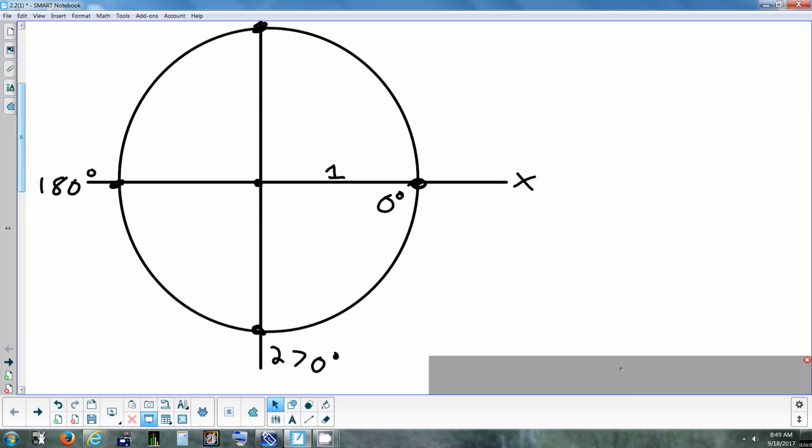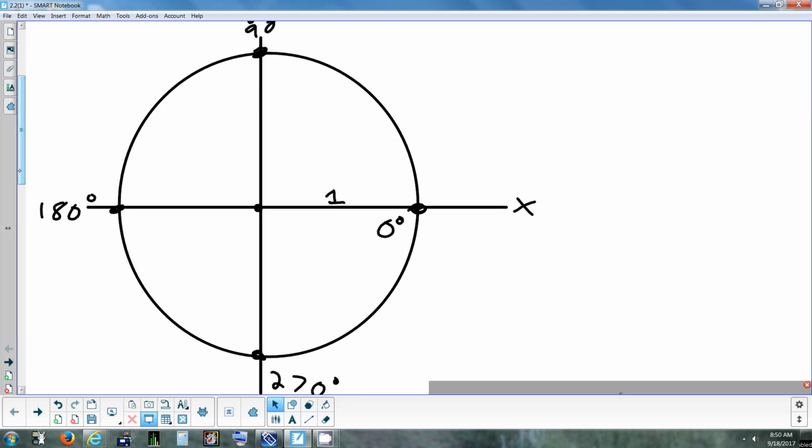Does anybody remember, when you draw in the axes, that separates the plane into 4 regions? Does anyone remember what those 4 regions are called? How about Peter? Quadrants. Yeah, quadrants. So we call these angles quadrantal angles because they're on the boundaries between the quadrants.